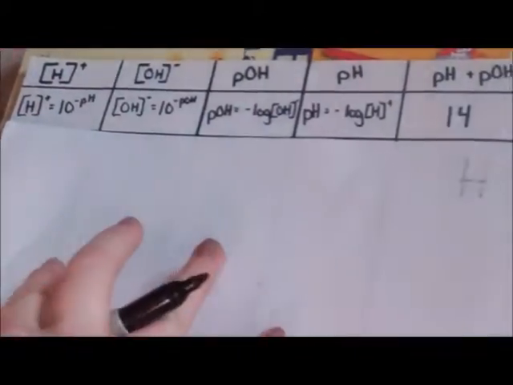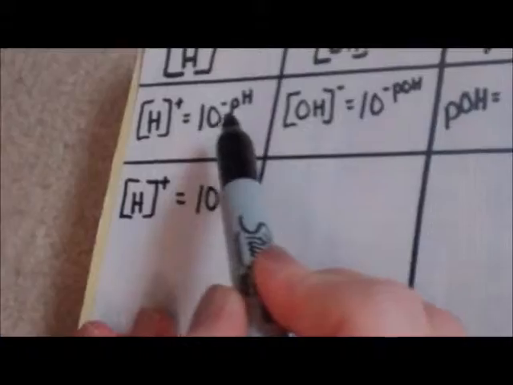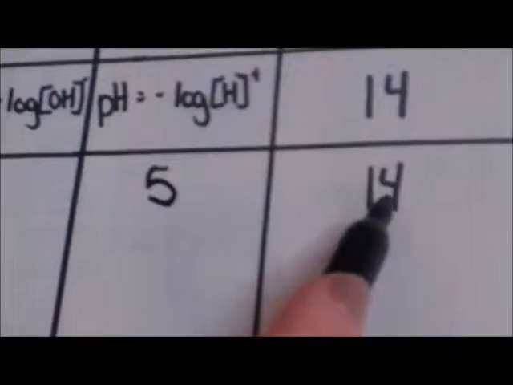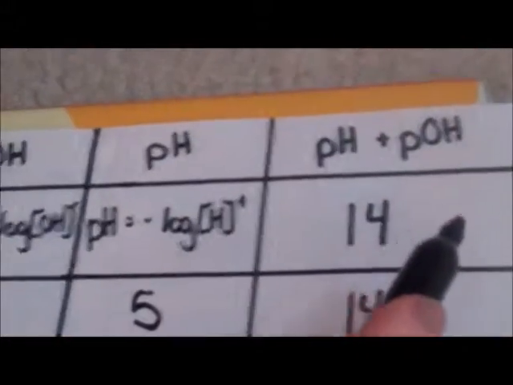Okay. So if the hydronium concentration is 10 to the negative 5, you know that the pH is 5 because the hydronium concentration equals 10 to the negative pH. If the pH is 5, you can subtract 5 from 14 because pH plus pOH equals 14.